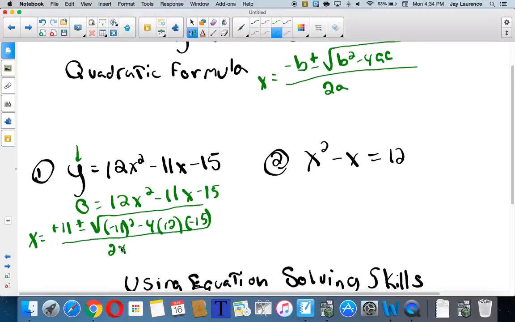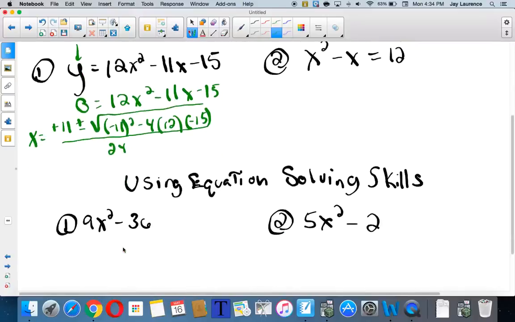Okay, so now I'm going to go to a calculator and figure out my discriminant, because that's going to make it a lot simpler. I'm going to get 11 squared minus 4 times 12 times negative 15, and that's going to equal 841.